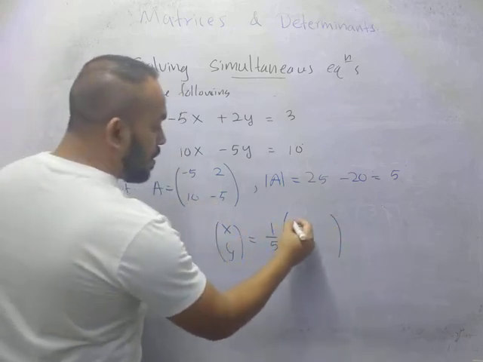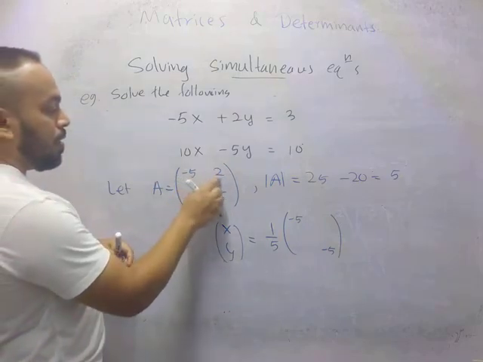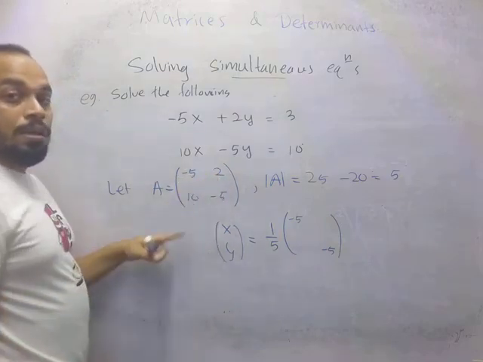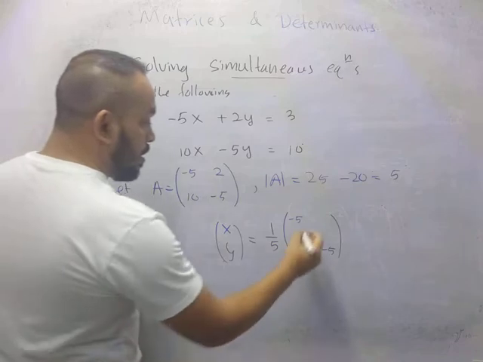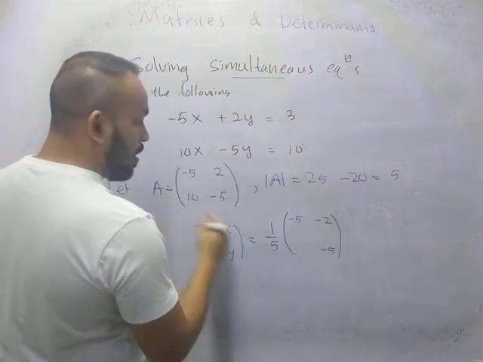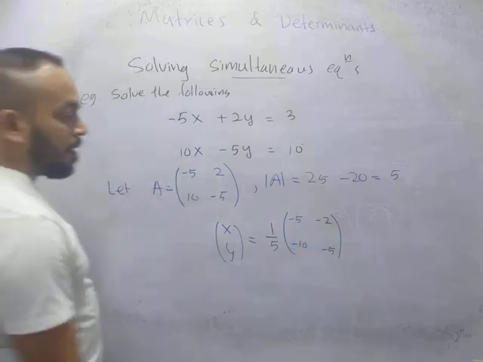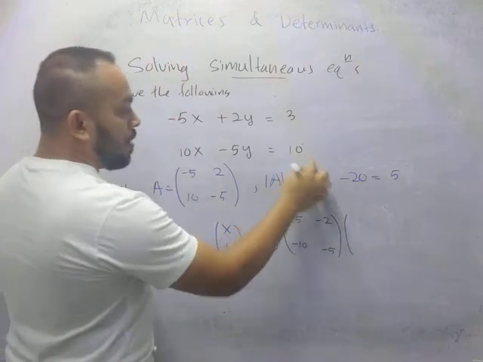Swap these two numbers, minus 5, minus 5. Then multiply the rest by a negative sign. So minus 2, and you multiply 10 by a minus sign, so minus 10. Minus 5, then 3, 10.